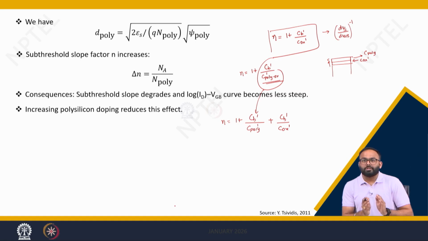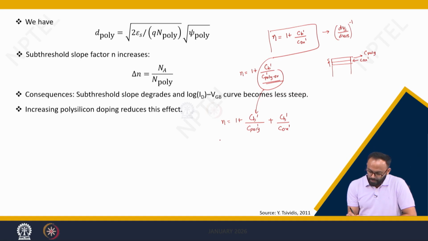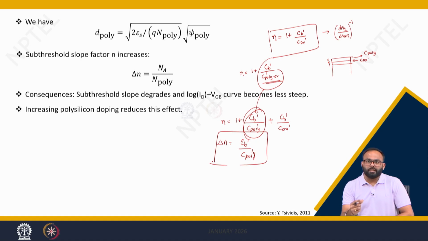If I want to compare how much increment there is in the slope factor, we can simply say delta n is nothing but CB dash by C poly; it is increased by this amount, right. The slope factor is increased by this amount when you use polysilicon depletion.